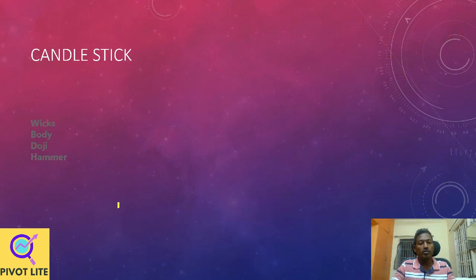The next one is candlesticks. In trading we have plenty of candlesticks, but here I have taken only a few that are most important. The first one is wicks. This is the general schematic of a candle.